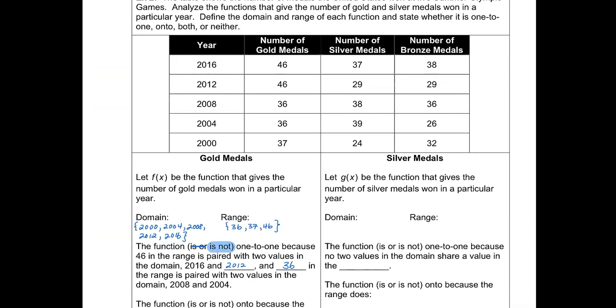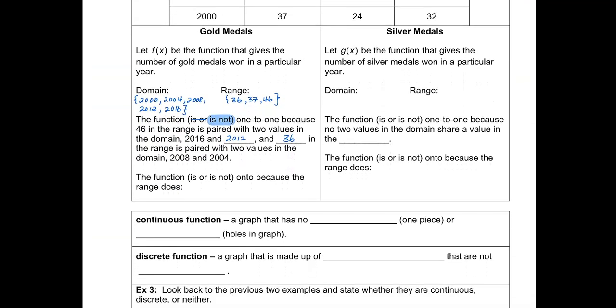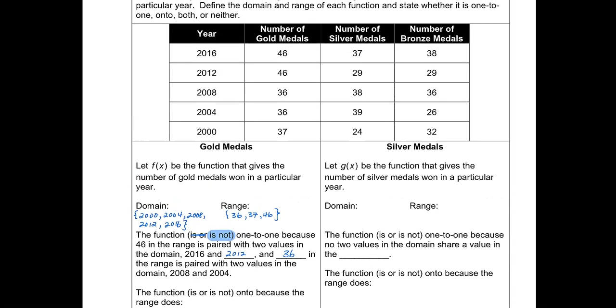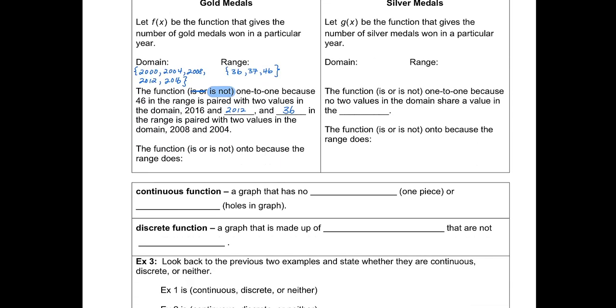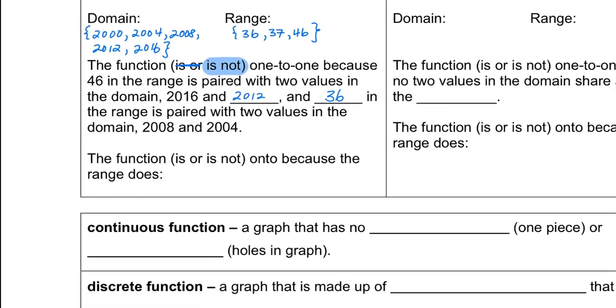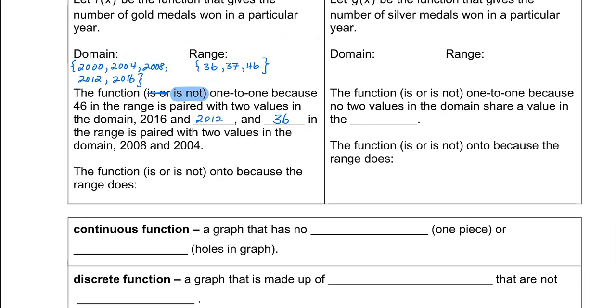Well, here's the thing. Do they tell you what the domain is? No. So what do we assume the domain is? I'm sorry, the codomain. Sorry. They don't tell you the codomain. So what do you assume the codomain is?